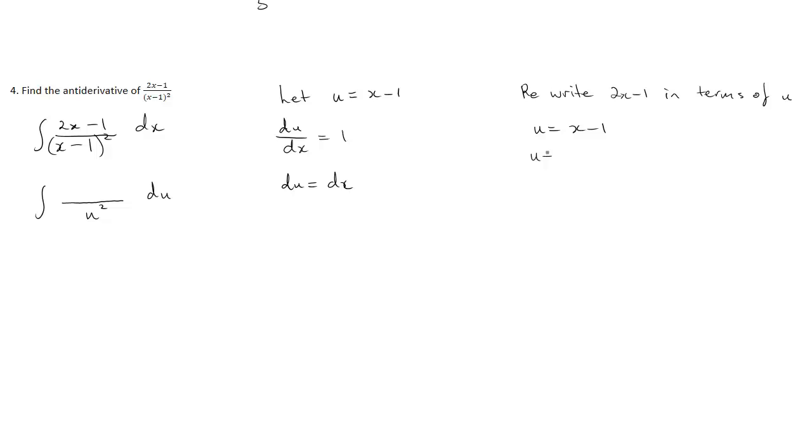We can find an expression for x in terms of u. And then we know that the function that we want to rewrite, 2x minus 1, we can write it out in terms of u by just replacing the x with what x stands for. And we expand that.